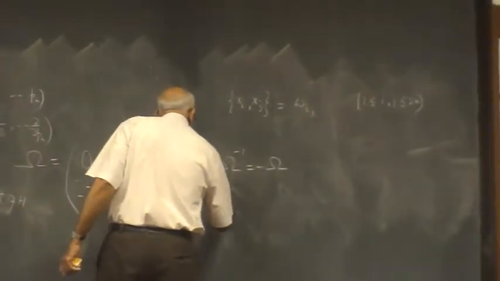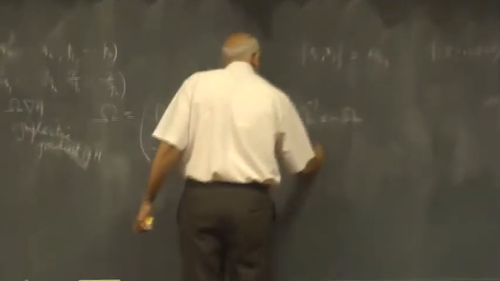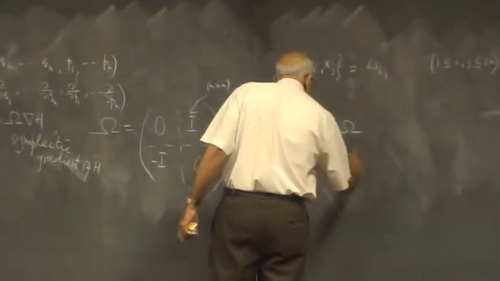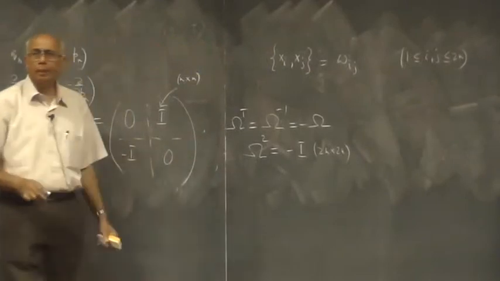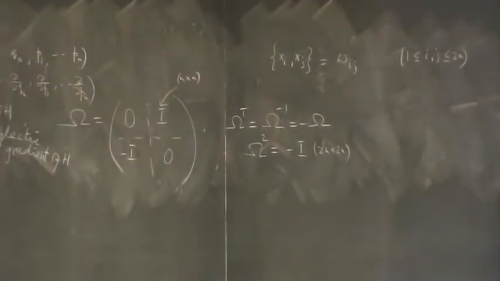And omega squared equal to minus the unit matrix, the 2n by 2n. We need these properties. So the Poisson bracket relation has been expressed in a very compact form by doing this.